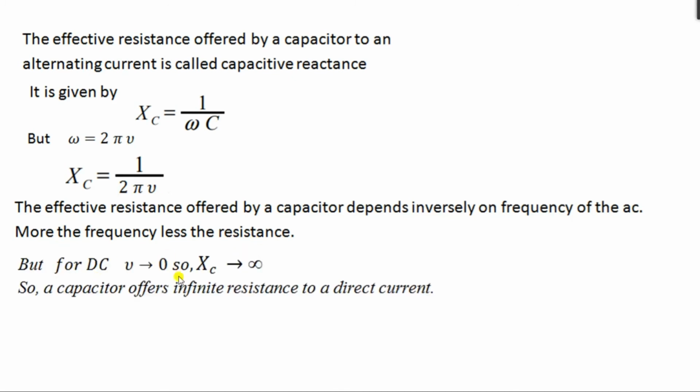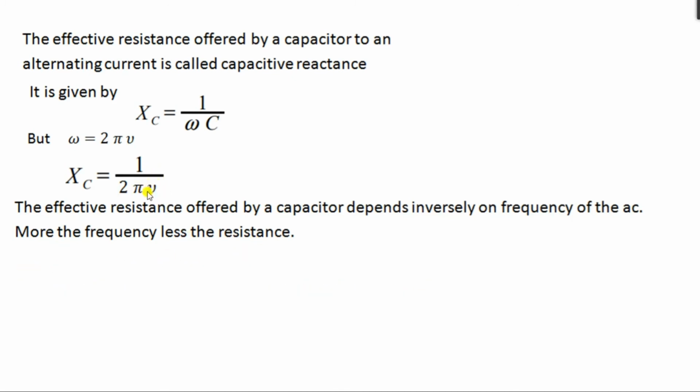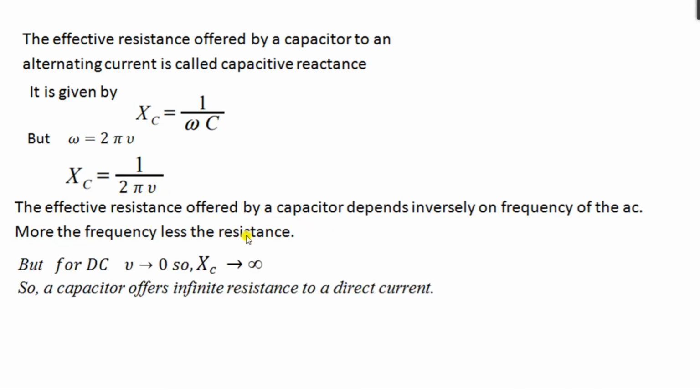So for AC we have more frequency, that means it will offer less resistance to the alternating current, but for DC frequency is 0. So the effective resistance of the capacitor is 1 by 2 pi into 0, that is infinity. So you'll get infinite resistance.